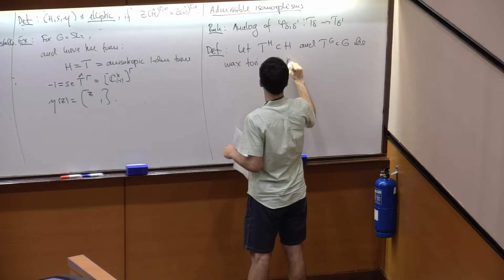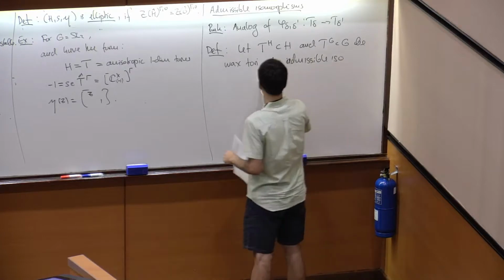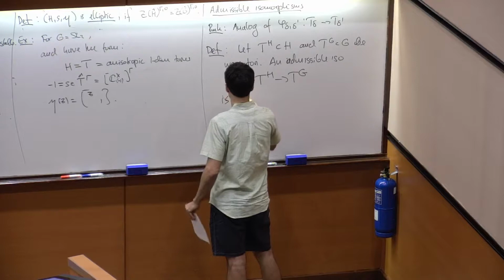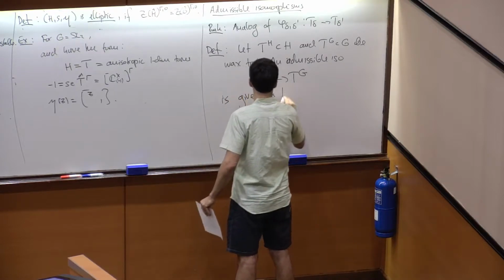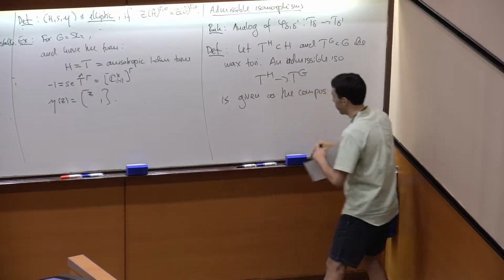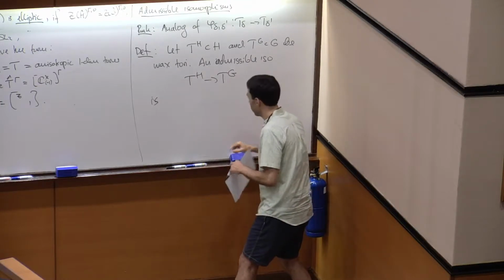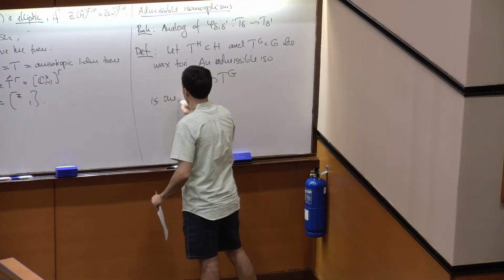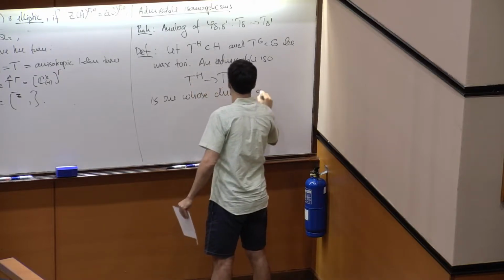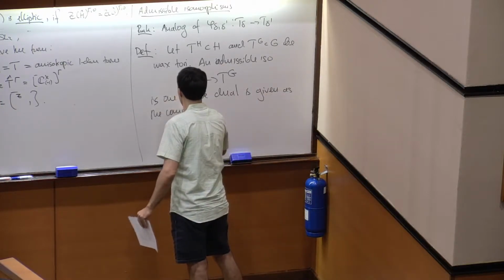An admissible isomorphism from TH to TG is one whose dual is given as the following composition.